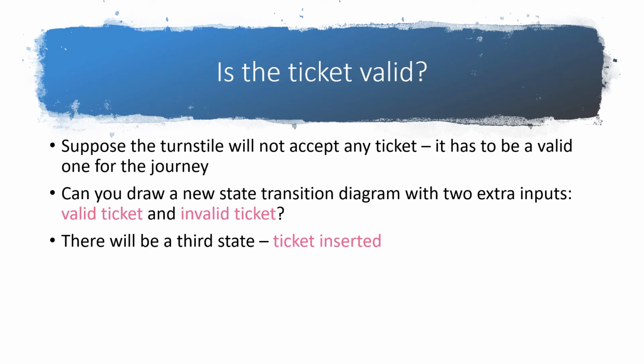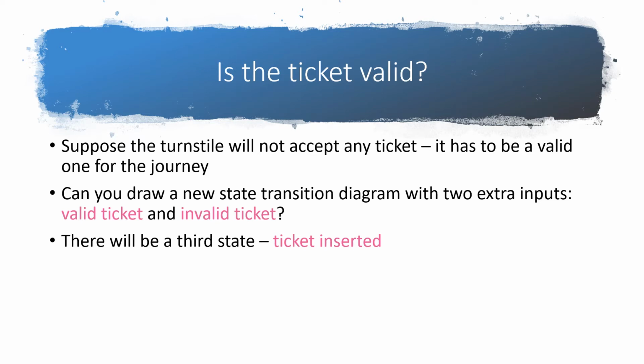So we could expand this machine, because one of the things that we're doing at the moment is just accepting any ticket. But what happens if we also want to validate the ticket? The ticket might be valid for certain days, or it might be valid for certain journeys.